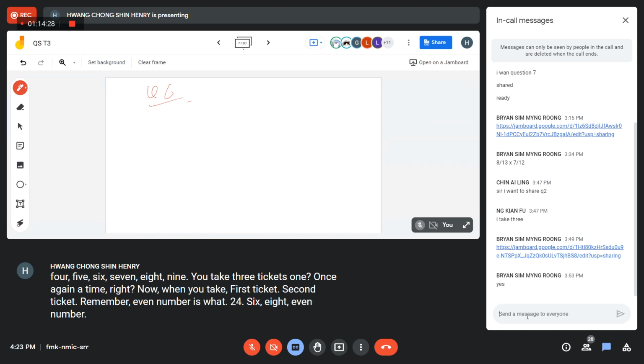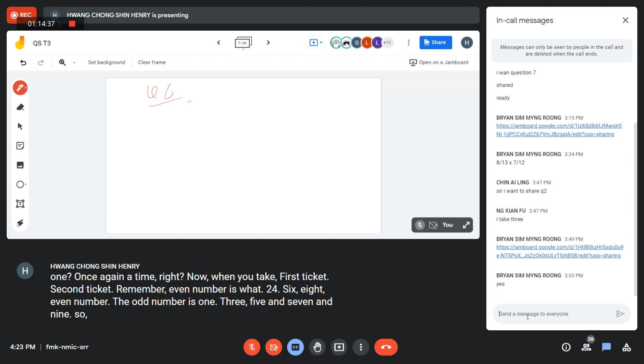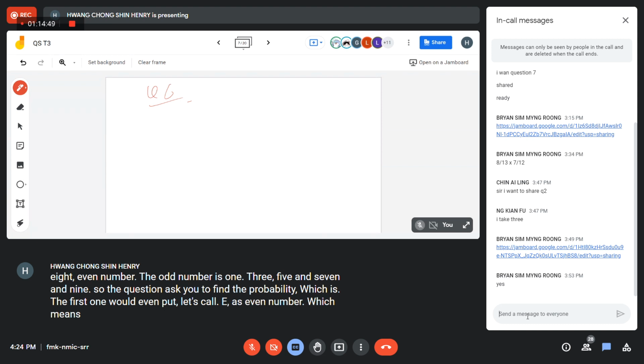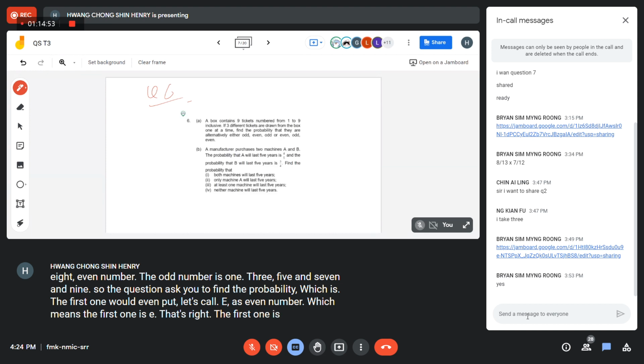The odd numbers are 1, 3, 5, 7, and 9. So the question asks you to find the probability of the first one odd, even, odd. Let's call E an even number.